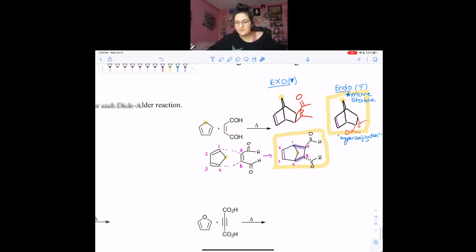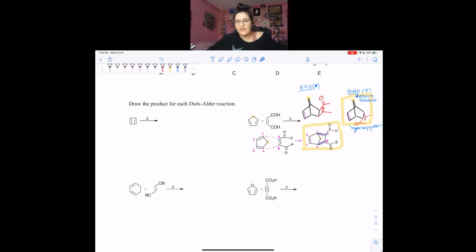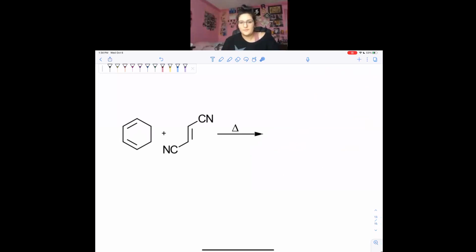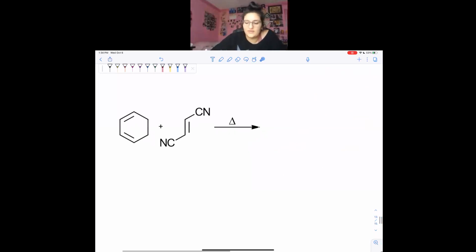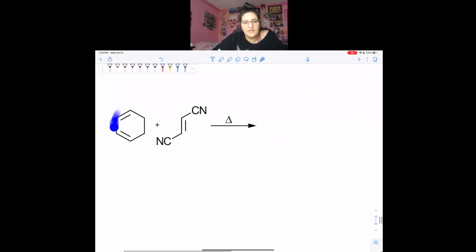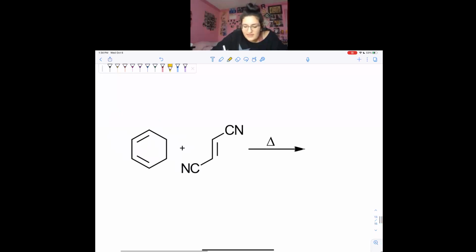All right. So I'm going to zoom out. And I want to do this one next. So the good thing about this one is it's already oriented properly. Yay. And now this one has this double bridge situation. So we just got to keep that in mind, right?